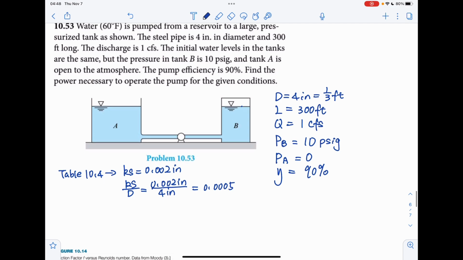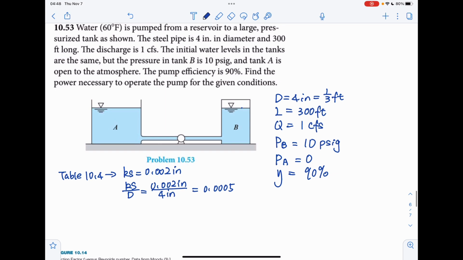So the viscosity equals 1.22 times 10 to the negative 5 feet squared per second.